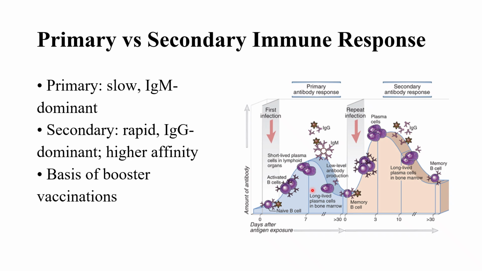Now compare that to the secondary immune response. This feels more like spotting a familiar face. Here, memory B cells that were generated during the first encounter are already primed. Once they recognize that same antigen again, they respond with remarkable speed and precision.